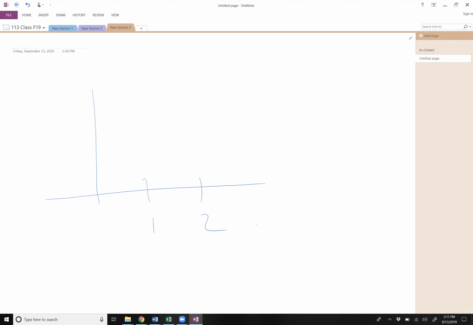I wish I had another big one for this, but here's a small one. And what we're going to do with these shells, to figure out the volume, is we're going to cut them and then unfold them. And if you cut them and unfold them, then you end up with this. So this is supposed to be the exact same size as this, if you cut it and unroll it.